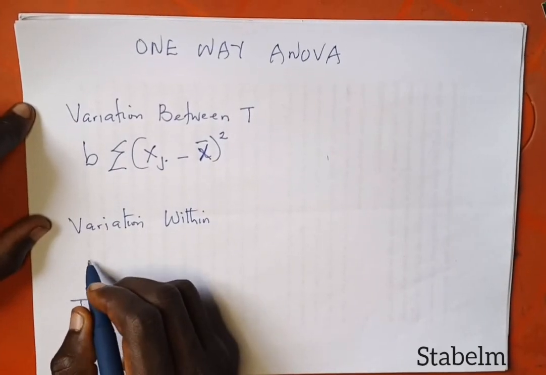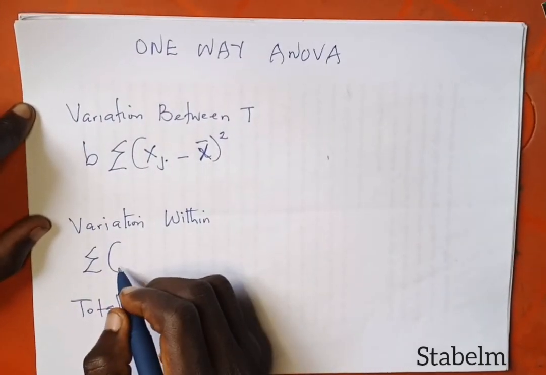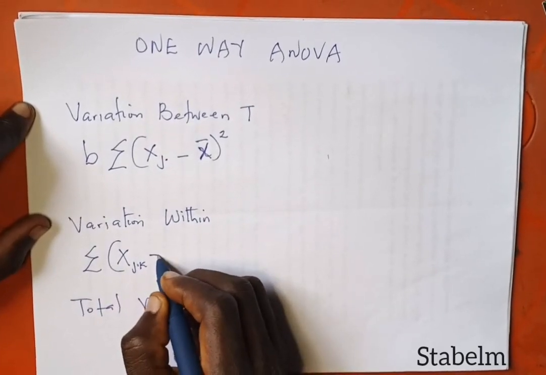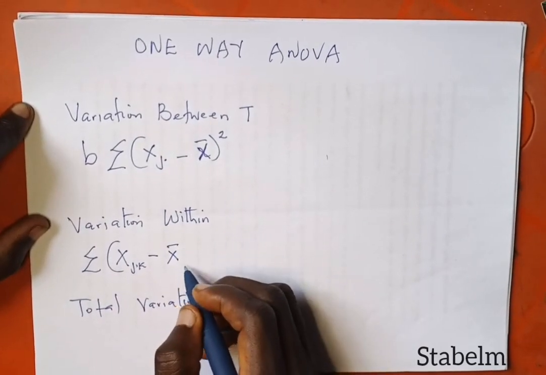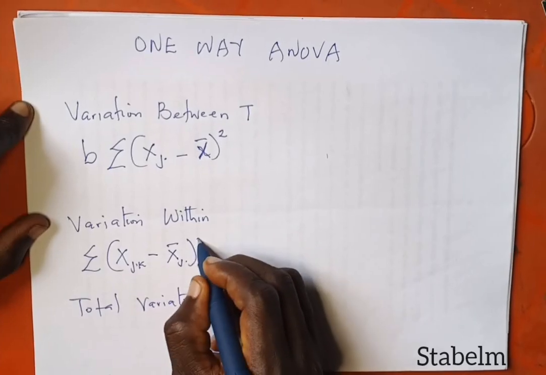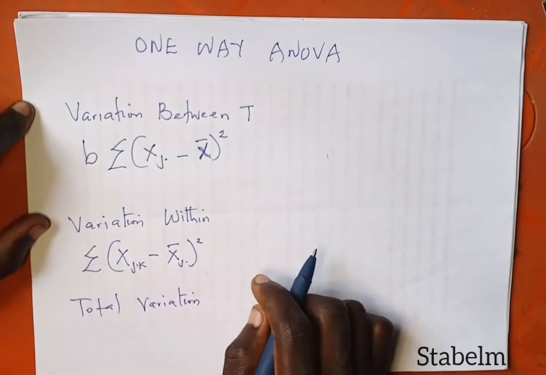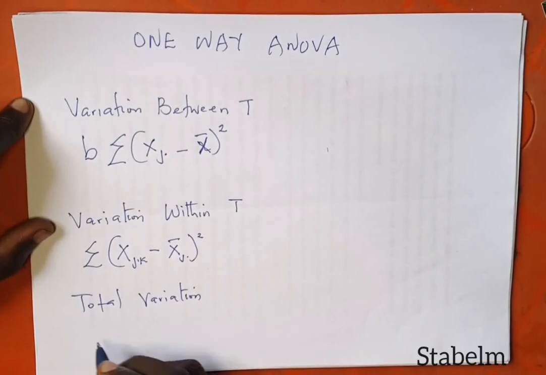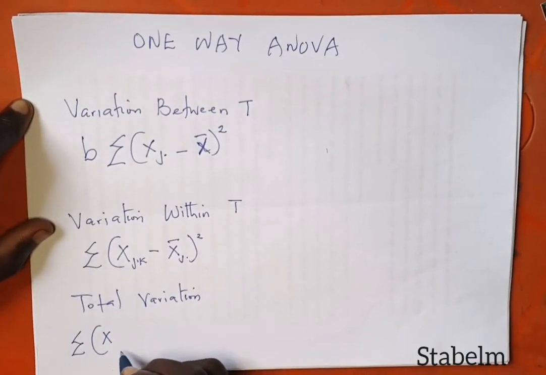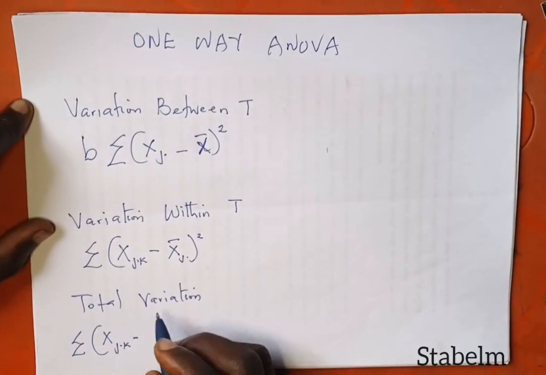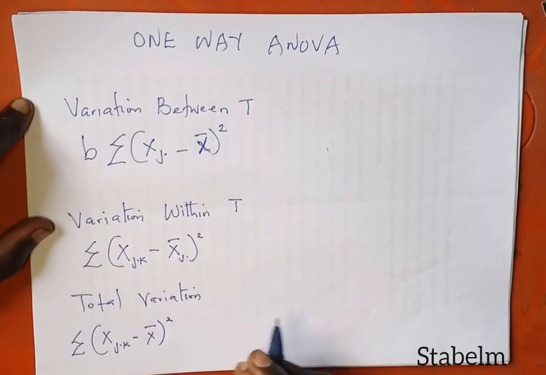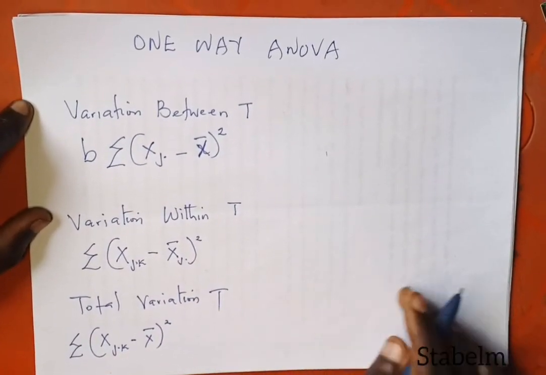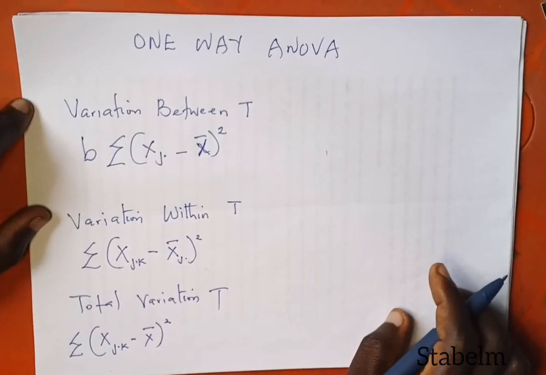We say summation into bracket (x_jk minus x_j dot) then all squared. So this is the formula to get variation within treatment. And total variation, that is we have a summation (x_jk minus x bar) all squared. So this will give us the total variation of the treatment.